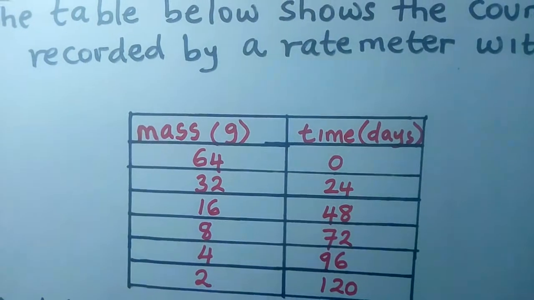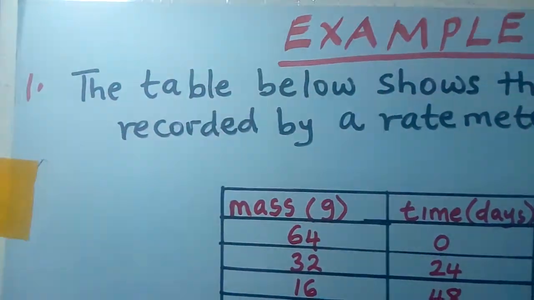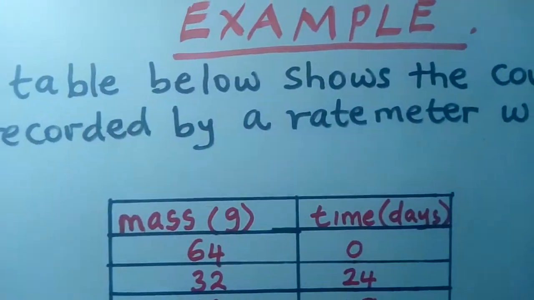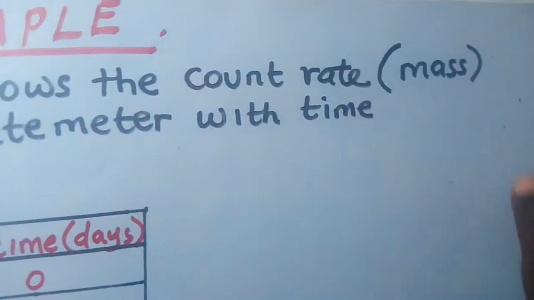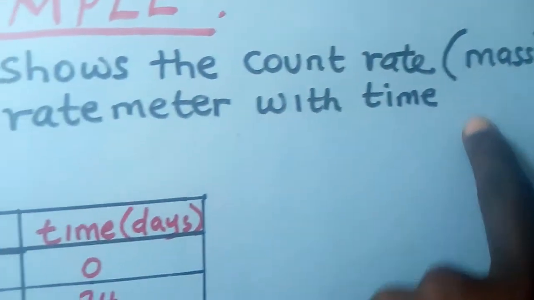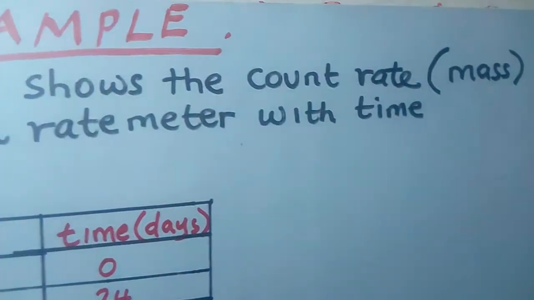A decay curve. But somebody could also give you a question and say, the table below, like this one, shows the count rate. Now here the count rate is actually the mass. The mass recorded by a rate meter with the time.